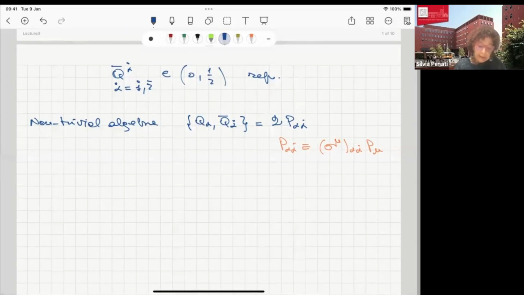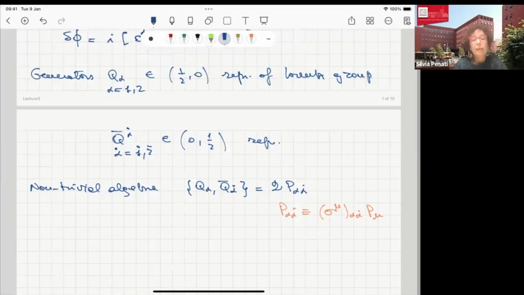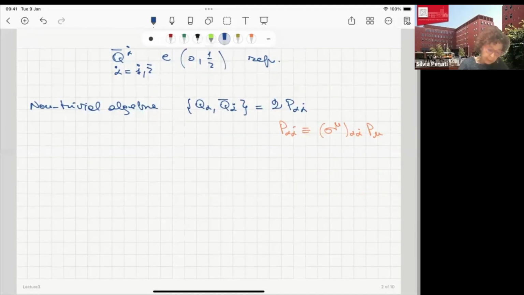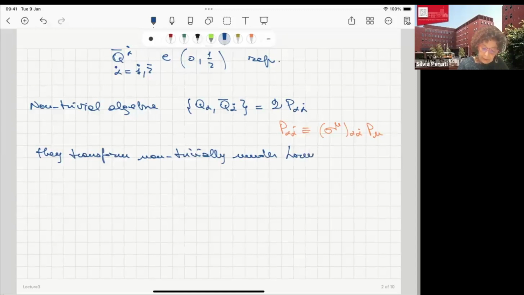Moreover, since they belong to the 1/2, 0 and 0, 1/2 representations, they are not inert under Lorentz, so they transform non-trivially under Lorentz transformations.